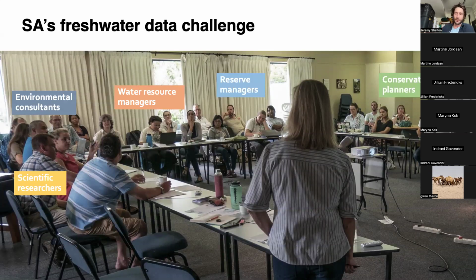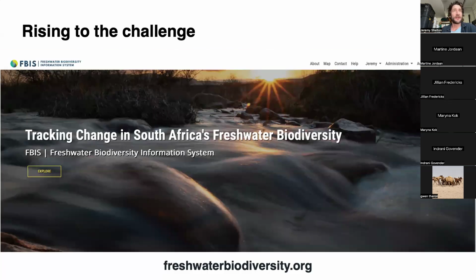The project started with a consultation with a range of different data users, different kinds of people that use freshwater biodiversity data. That was what we based the platform on, the needs of data users for freshwater in South Africa. And so a platform was born, called the Freshwater Biodiversity Information System.